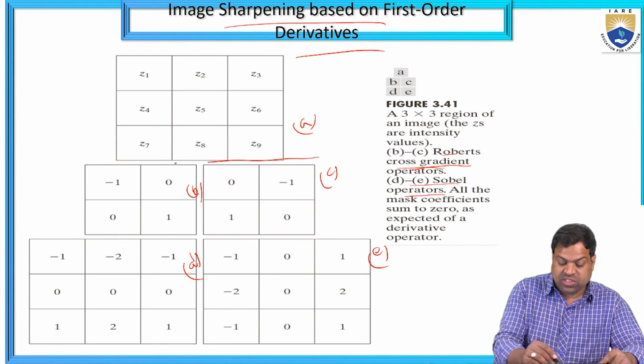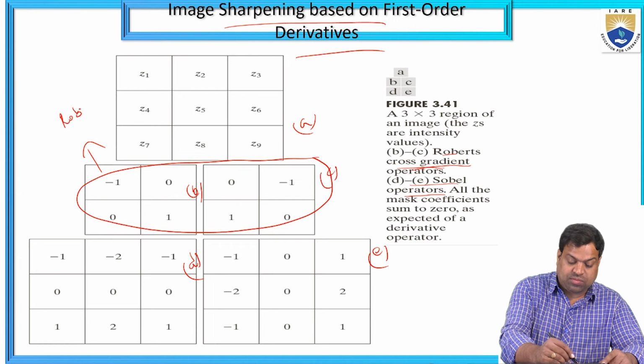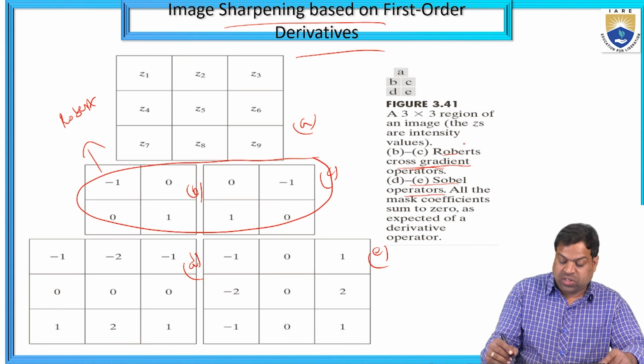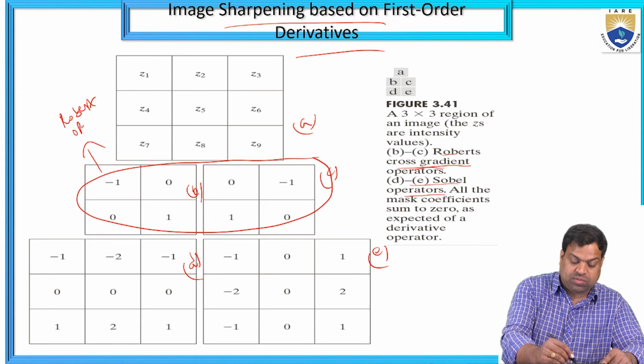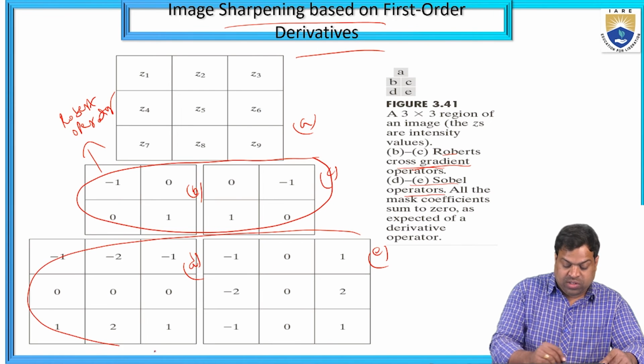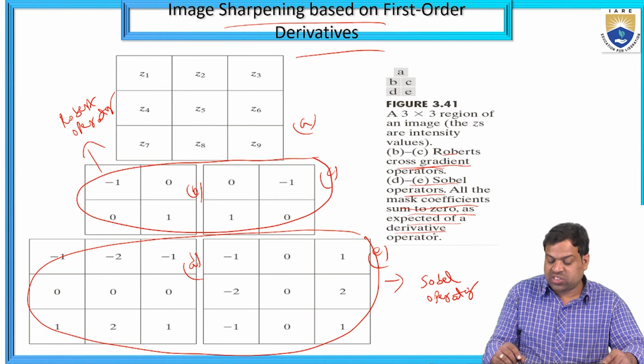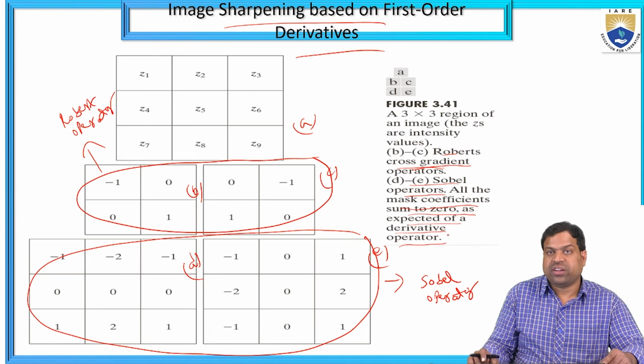Here B and C are the Roberts cross gradient operator. All the mask coefficients sum to 0, as expected of a derivative operator.